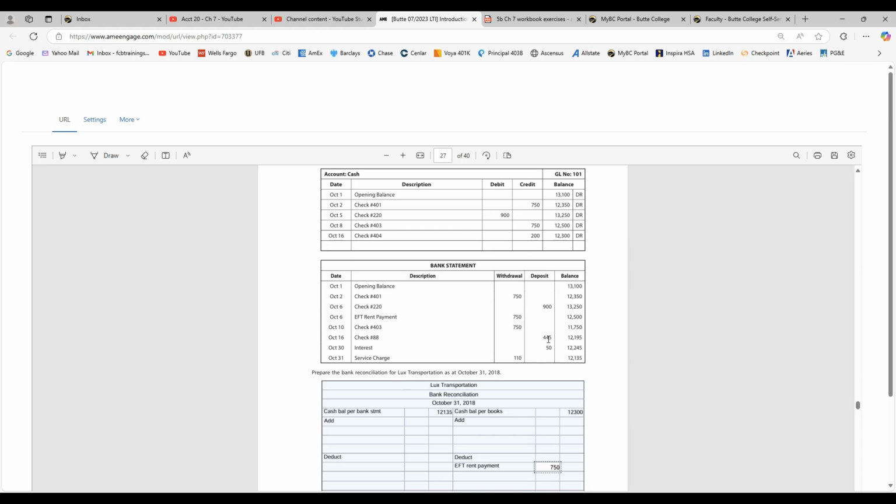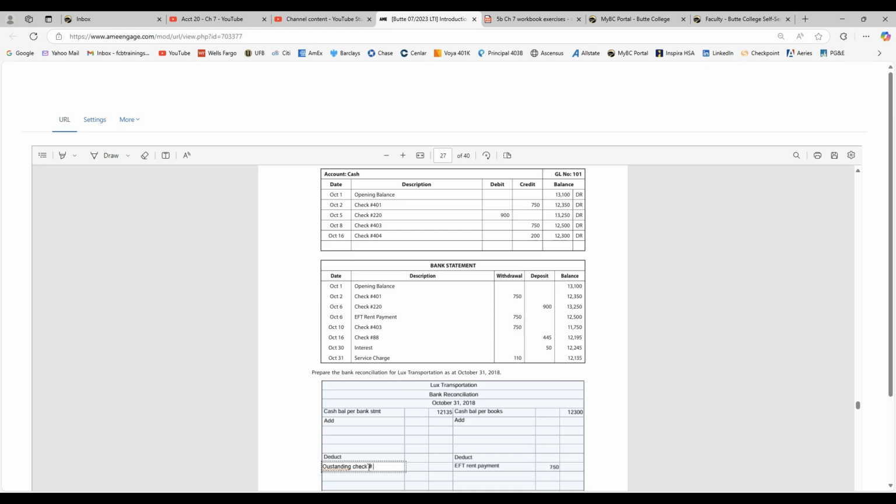Okay, check 88, which was a deposit. That's a deposit in transit then, because that's not shown on. Or is it not? Let me look at this. Let me make sure I'm looking at this right. So check. I'm getting lost. Oh, check 200. Sorry, not deposit in transit. It was a credit, so it is an outstanding check.